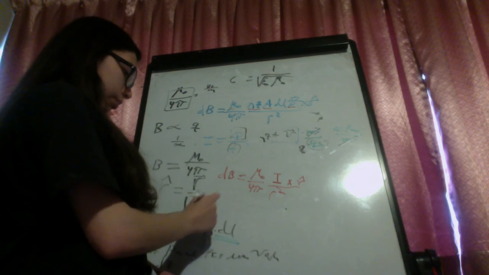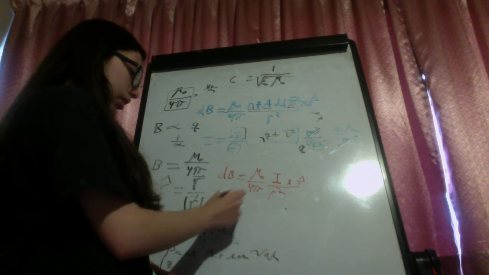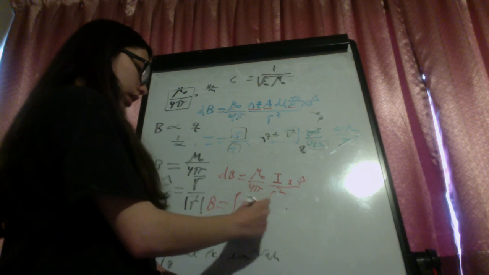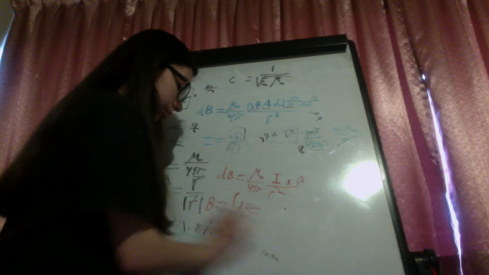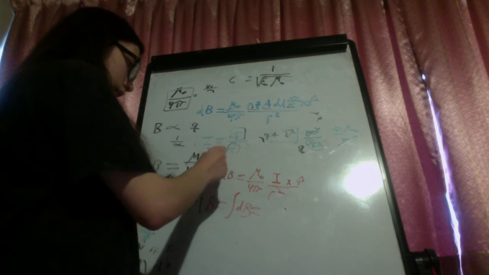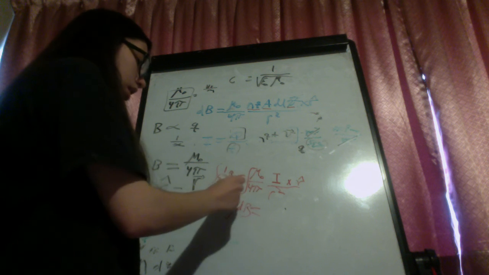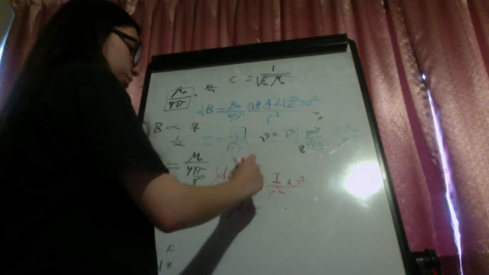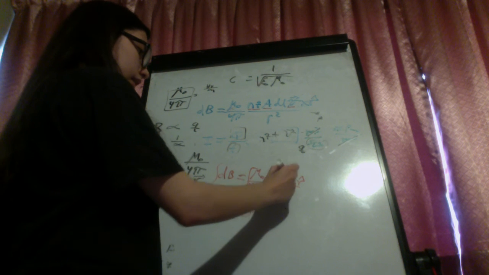So now B, or the magnetic field, is equal to the integral of dB, and this is equal to the integral of this. And dl here, sorry, I forgot to put dl here, I dl.